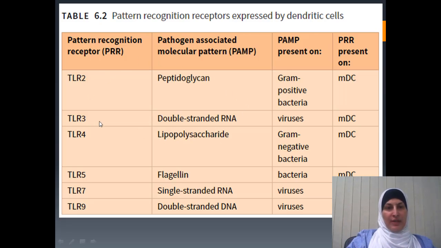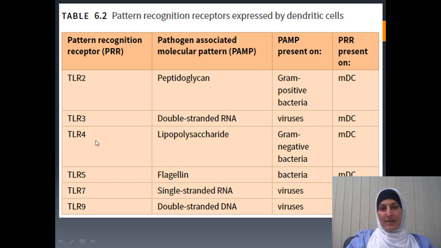This is an example of these recognition patterns, the toll-like receptors that we have. It's a big family of receptors, and each receptor is specific to recognize certain pattern, not a certain pathogen. So for example, toll-like receptor 2 is able to recognize peptidoglycans, which is usually present in gram-positive bacteria.